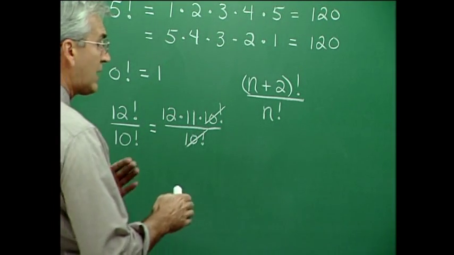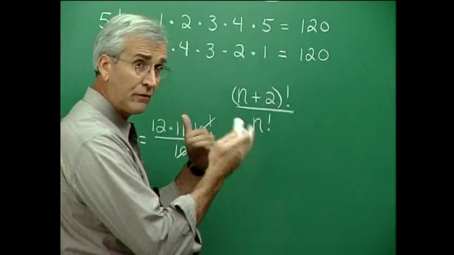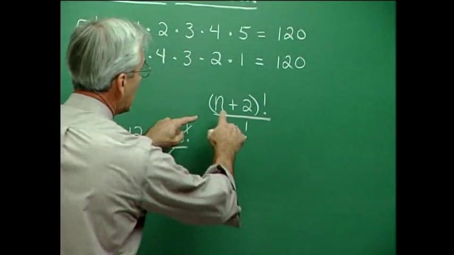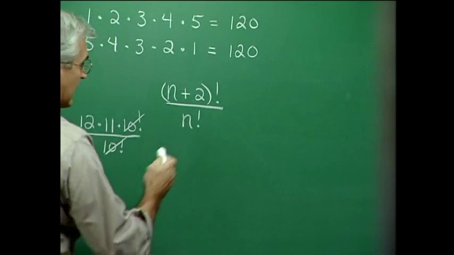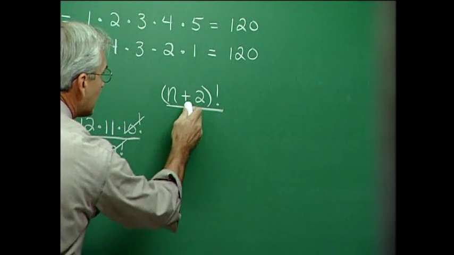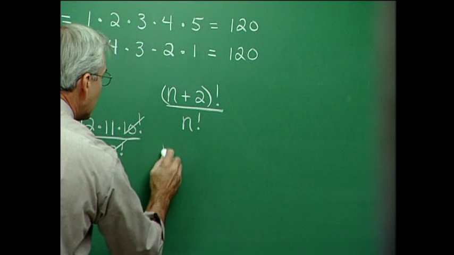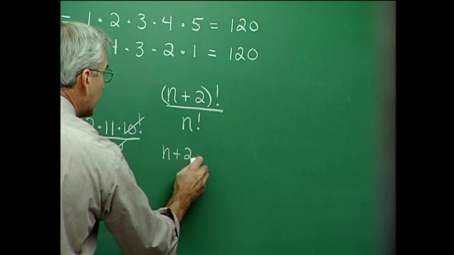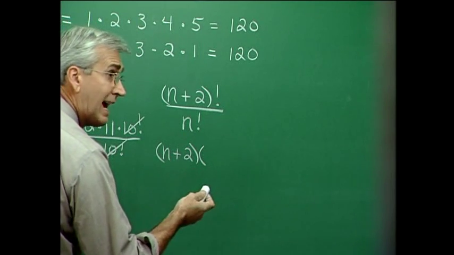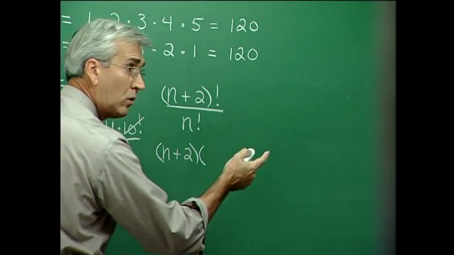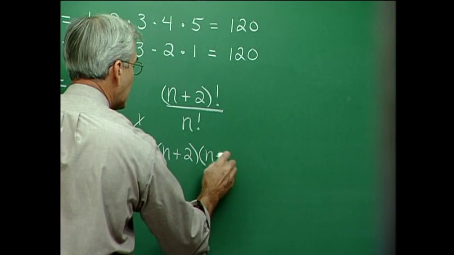In a similar way, we can perform a cancellation or simplify when letters are involved. N plus 2 factorial over n factorial can be simplified like this. Now I'm going to come down. The n plus 2 factorial means we're taking the term n plus 2 and then multiplying times, let's see, one less than that would be n plus 2 minus 1, or simply n plus 1.